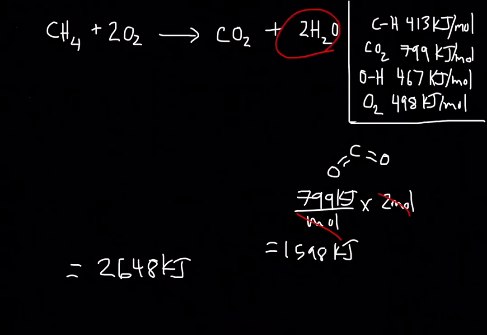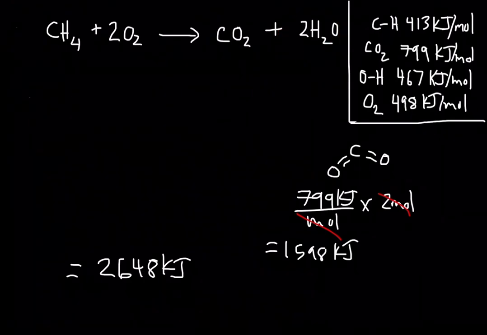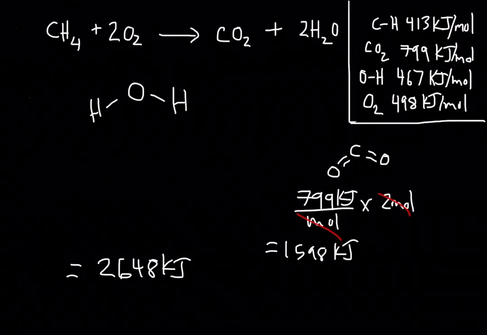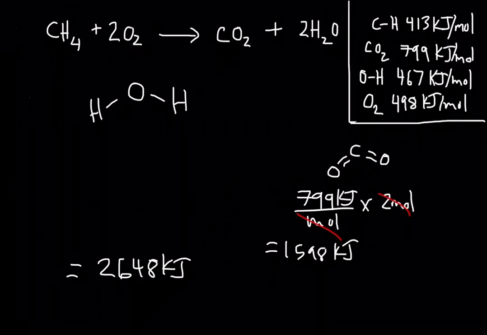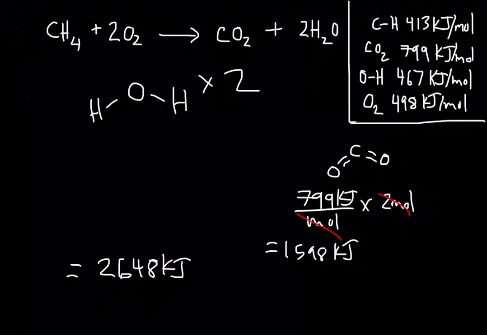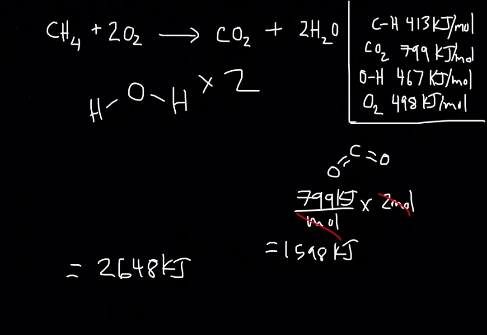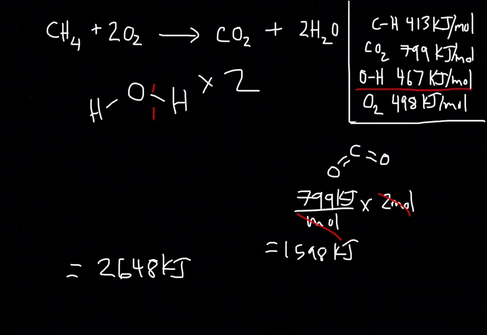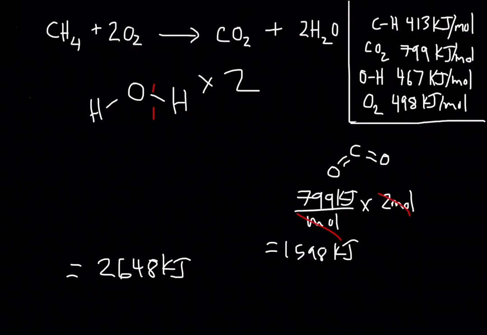Let's focus on the water now. So water looks like this. I'm just ignoring the electrons because it's not that important here. And remember, we have 2 mole of this. The bond energy for the OH bond is 467 kilojoule per mole.